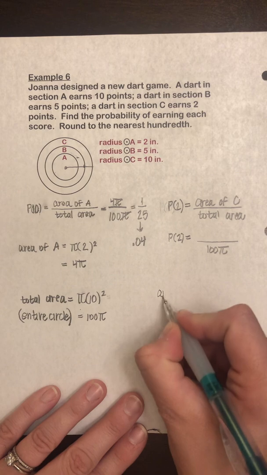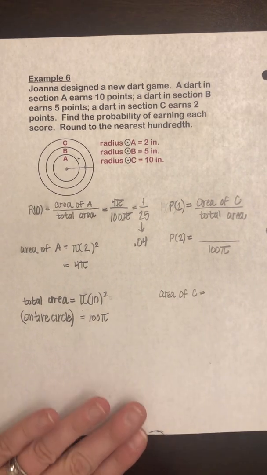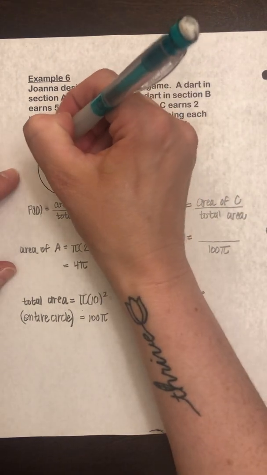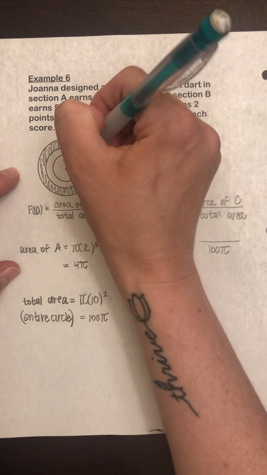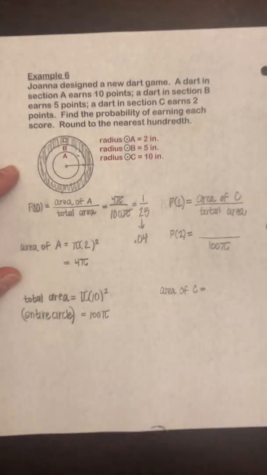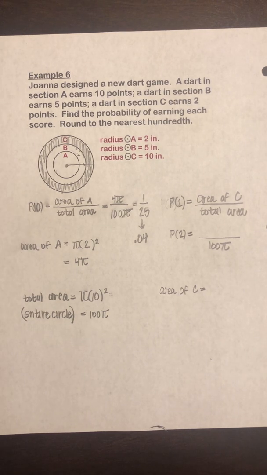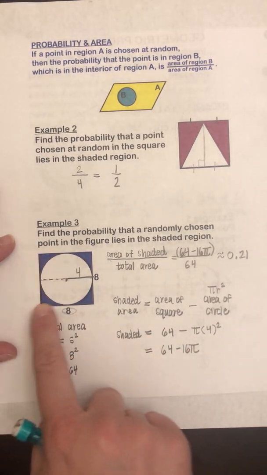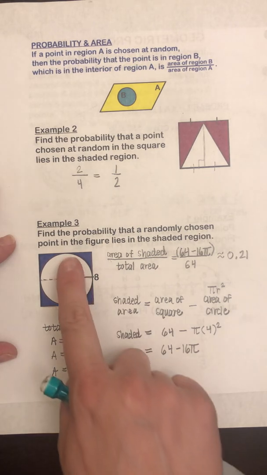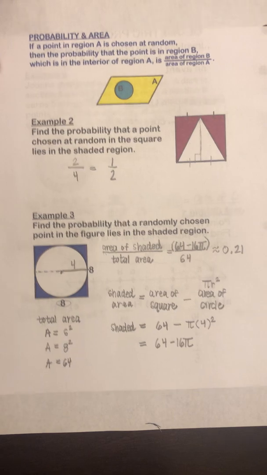But we need to do some work down here because we need to find the area of section C. So if I want this that I'm shading in, if I want to land in C, what do you guys think I would need to do? Well, it's kind of like we saw in example 3. We wanted the blue area, so we had to do the big shape and then subtract out this inside shape to get those weird irregular shapes.